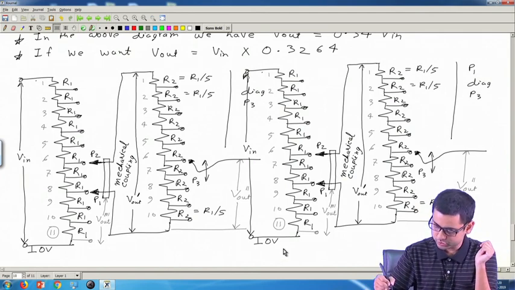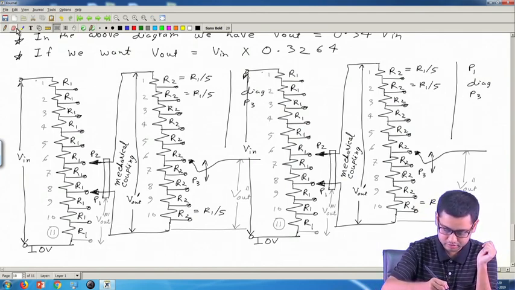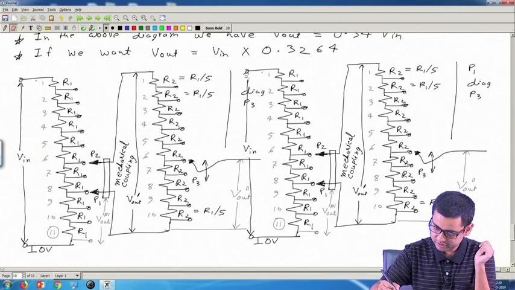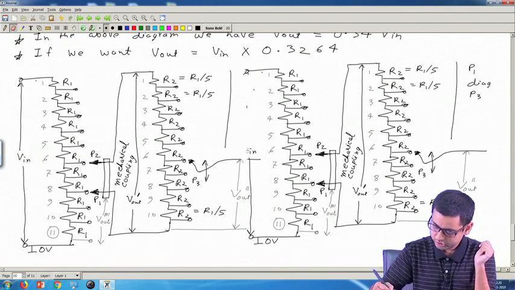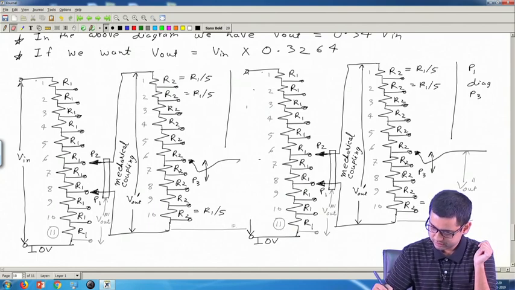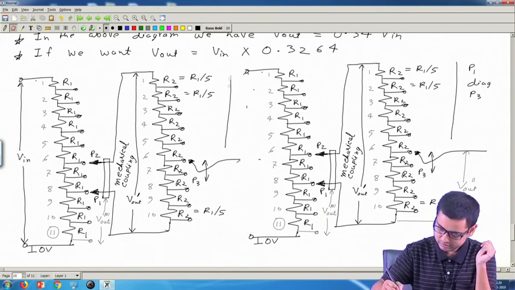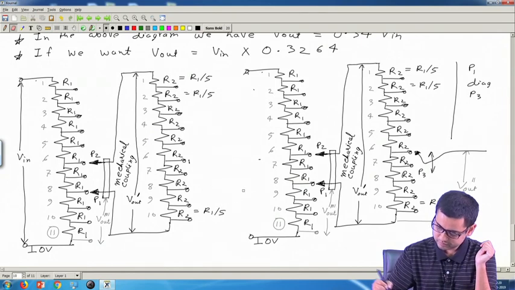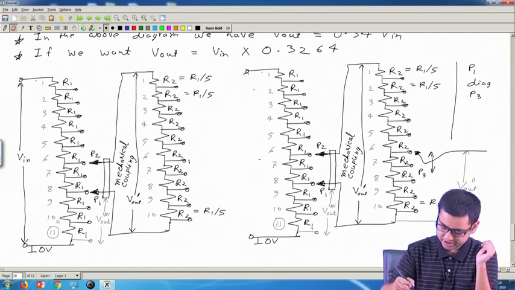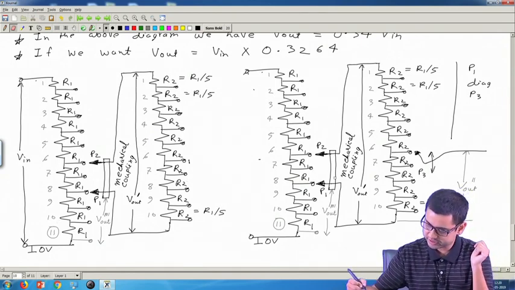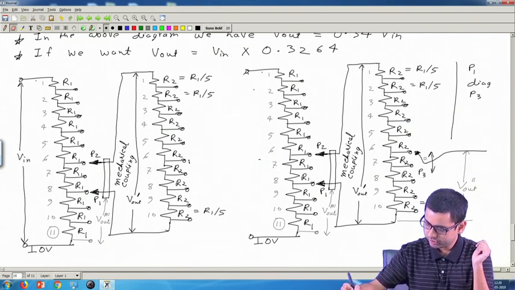And now I will do the editing here on top of it. So this is one stage, this is another stage, this is the third stage, and then I will have the fourth stage.